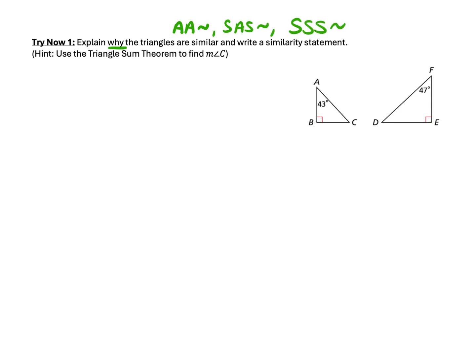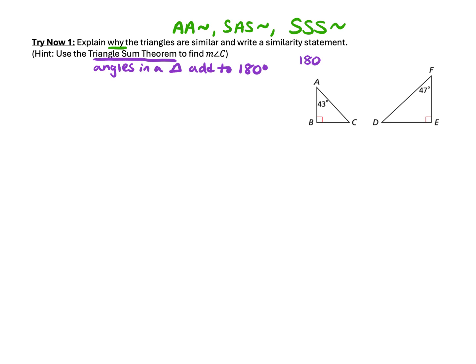All right, now the trick of this problem is to find the measure of angle C using the triangle sum theorem. So let's just do a little scratch work here. The triangle sum theorem tells us that the angles in a triangle add to 180 degrees. So if we look at this right here, this triangle is 180.